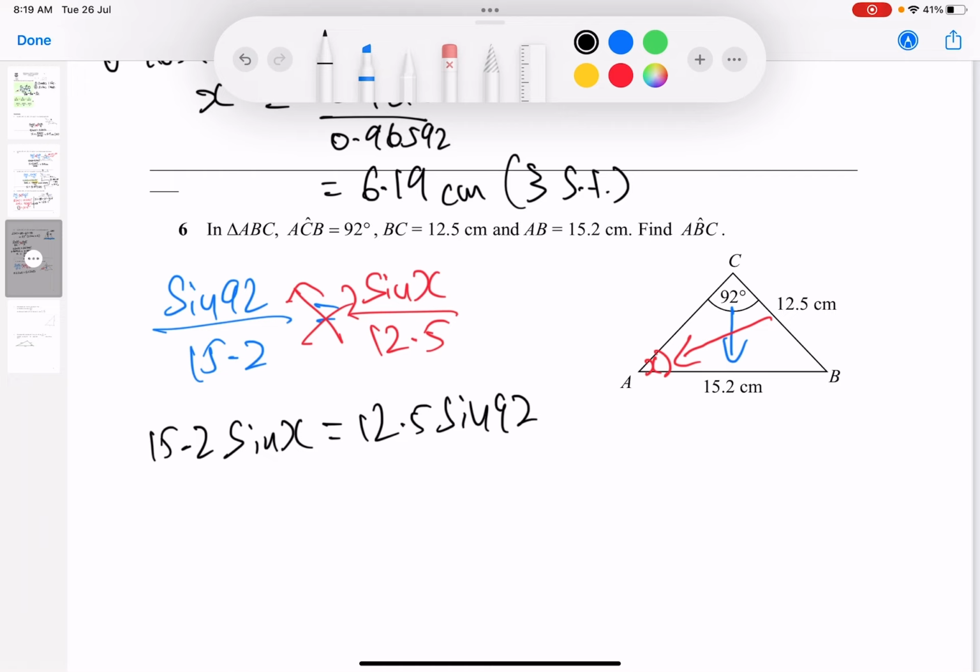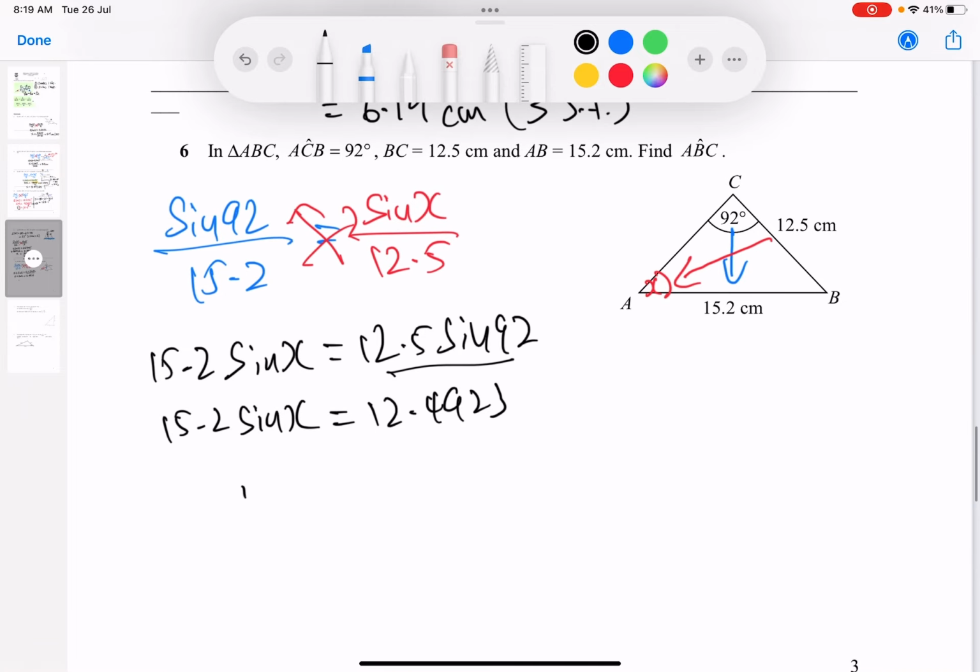If this confuses you, just try to enter into the calculator whatever you can first. Let's enter this in the calculator: 12.5 times sine 92. I get 12.4923. Leaving 2 more decimal places is okay. And of course here is just 15.2 sine x.